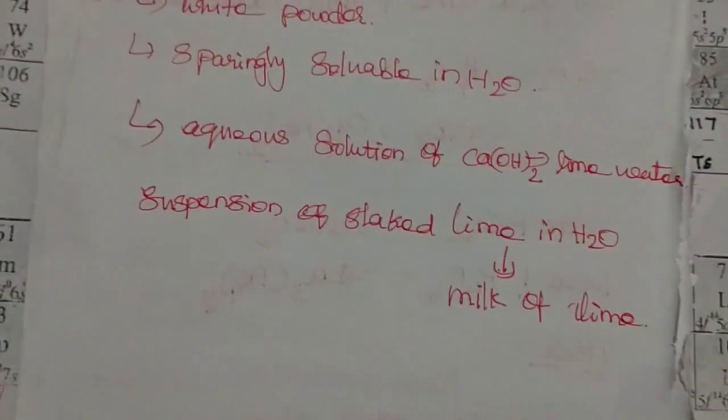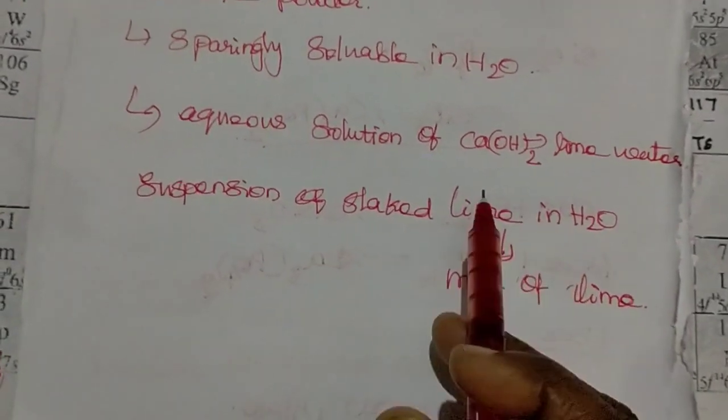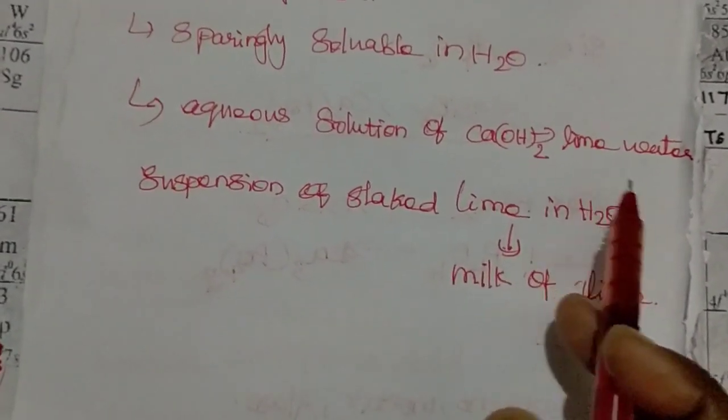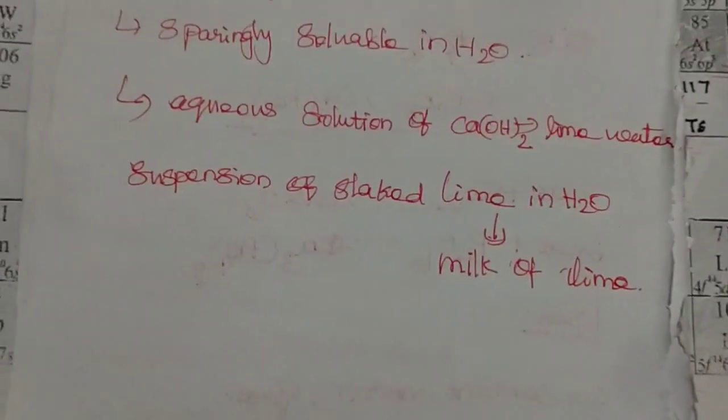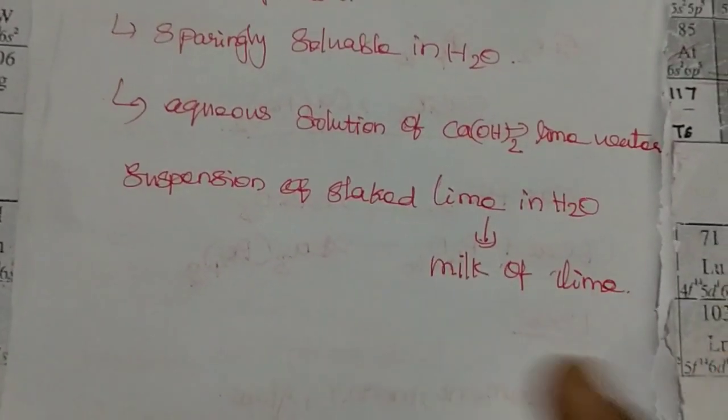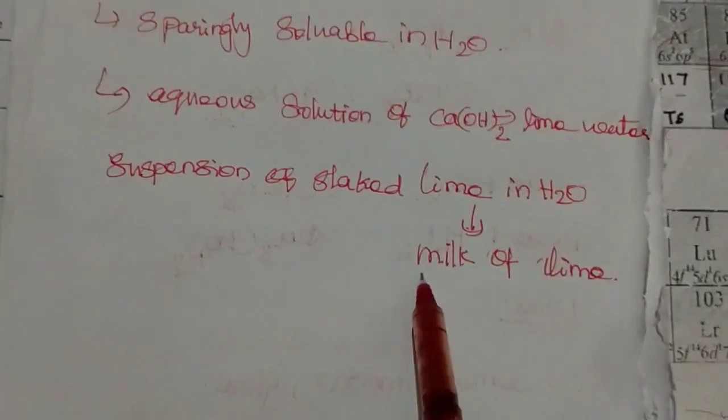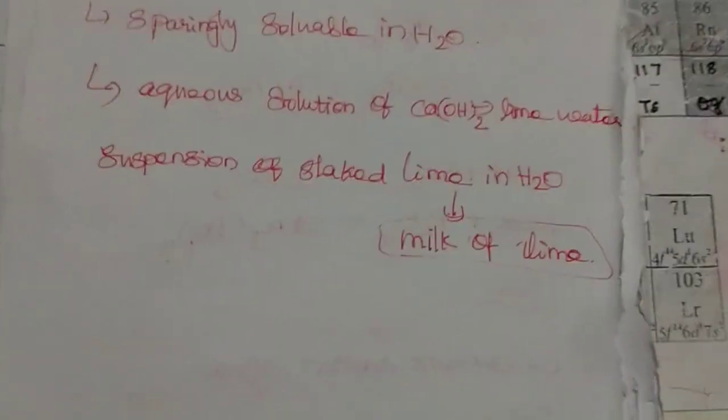Don't confuse these two. The aqueous solution of calcium hydroxide is different, that is called lime water, and the suspension of slaked lime in water is known as milk of lime.